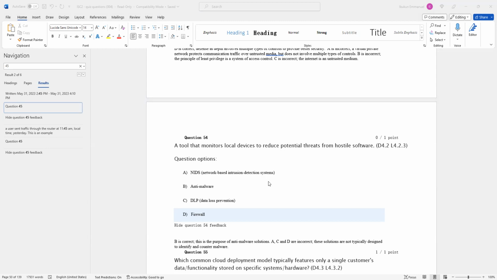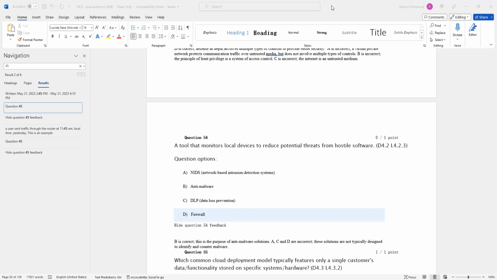So not a host-based intrusion detection system, which usually sits on the local devices anyway. A host-based intrusion detection system, IDS or IPS, would actually sit on your local devices, whereas your network-based intrusion detection systems are things that will sit on the network devices, such as on the routers. They're your firewalls, etc. But what is a NID?